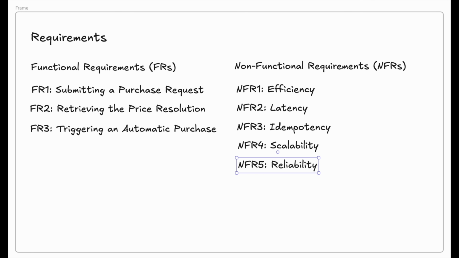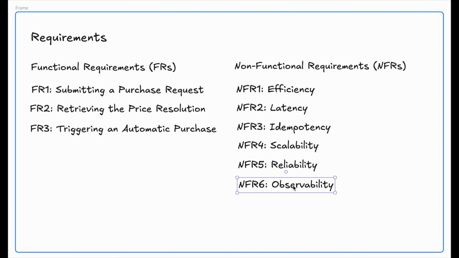Even if some sellers are slow, down, or flaky, the system should keep running and return partial results if needed. And number 6, observability. We need full traceability for each request, including the internal logs, error metrics, and seller call performance, to help debug and optimize the system later.